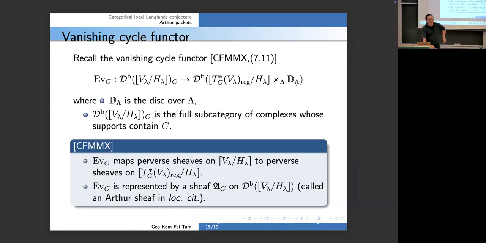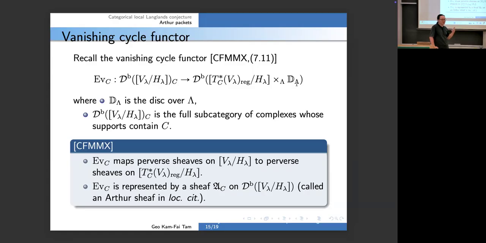I think if you put it in the Fargues-Scholze setup, yes. But this is on the dual side. Maybe no. Actually, what is the use of this? This is what they call the trait.